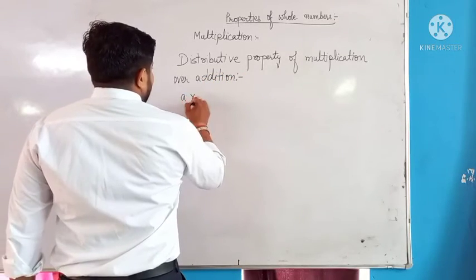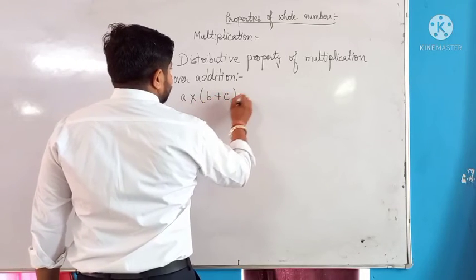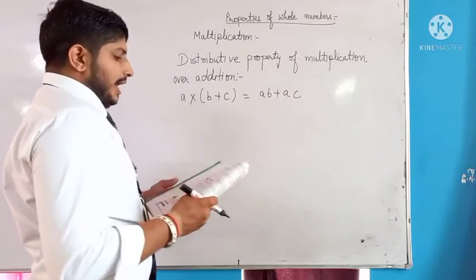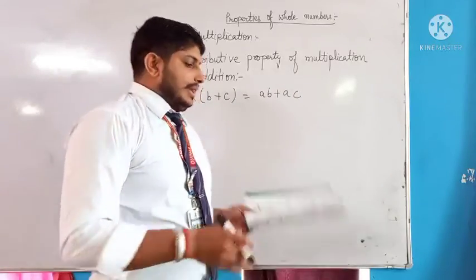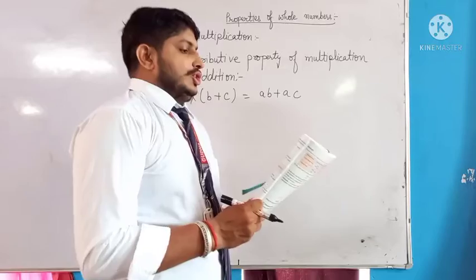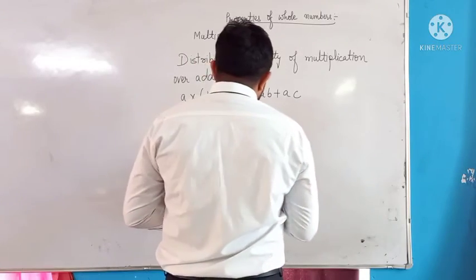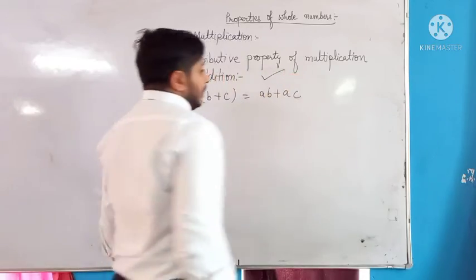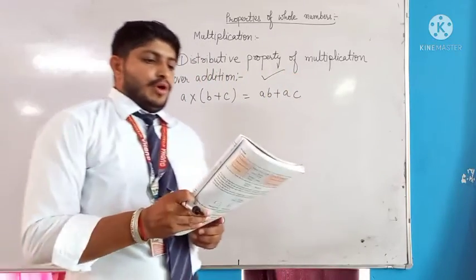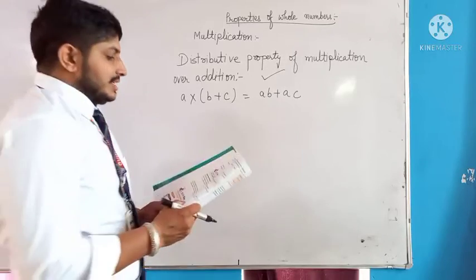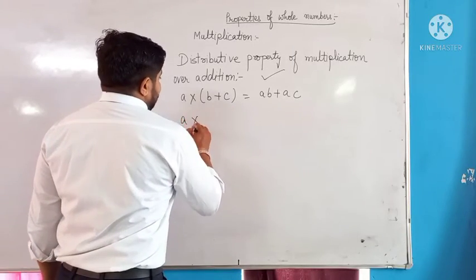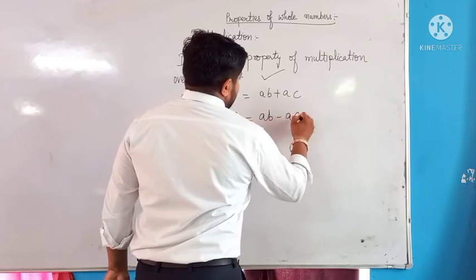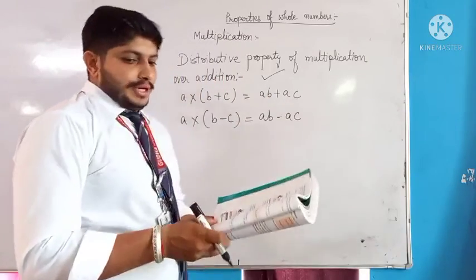It means a multiplied by (b plus c) comes equal to ab plus ac. Okay, and you will take any example for this also. This property also holds good under the operation addition. Okay, and one more property also, beta, under which operation? Subtraction, a(b minus c) equals ab minus ac. Okay, so all these properties we have discussed.